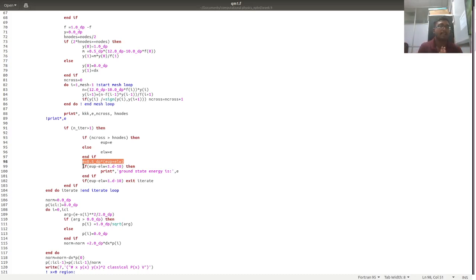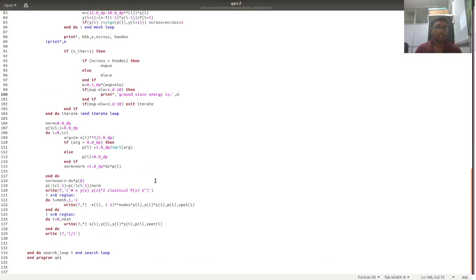As soon as it is less than 10 to the power minus 10, the difference is pretty small. So we have estimated the ground state energy, which will be printed as E, and then I will exit this iterate loop.